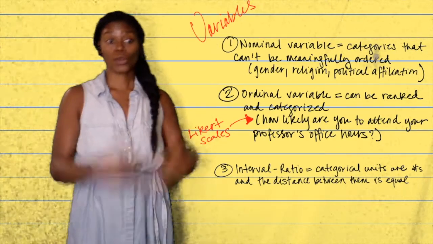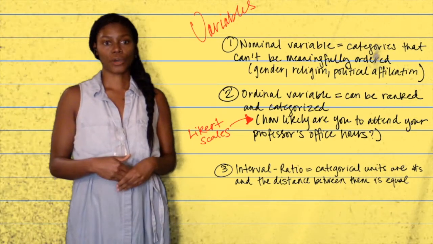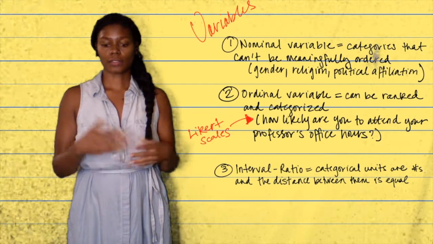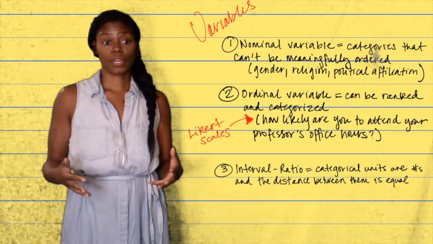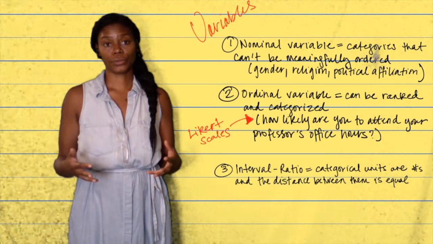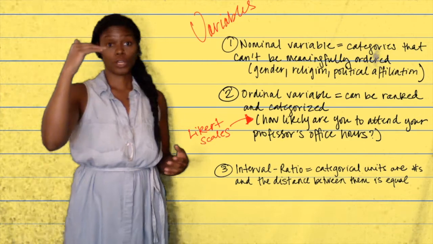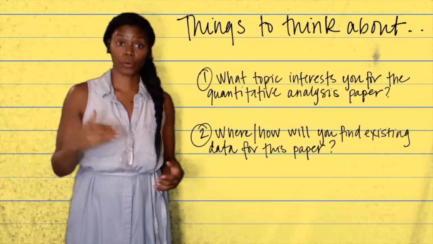By contrast, ordinal variables can be ordered. You can order things according to age, you can order things according to grade level, so freshmen, sophomores, juniors, seniors. That's a way that you can order categories.